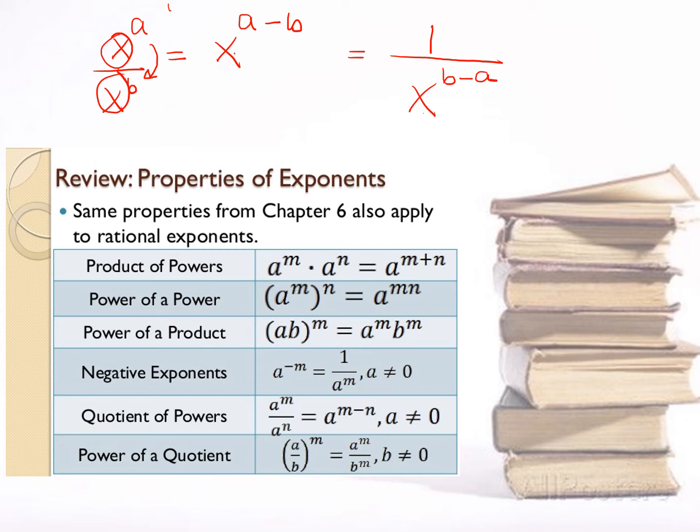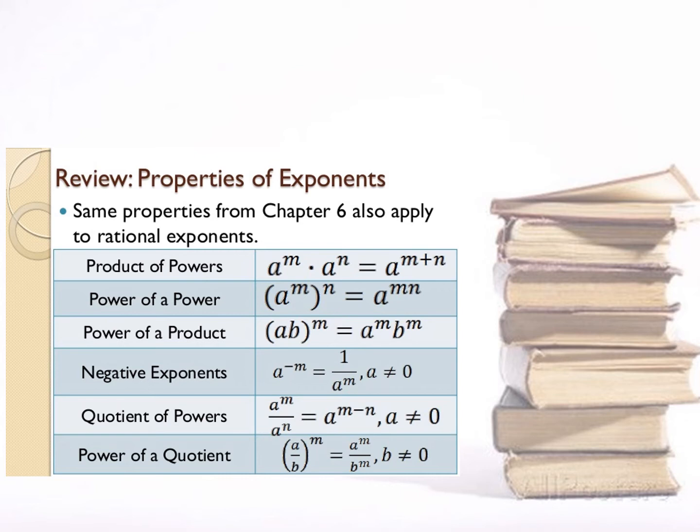Now let's understand this property with the help of one question. If I say x to the power 3 divided by x to the power 2, what do you see? First of all, you saw that both bases are the same. Now where is the bigger power? The bigger power is in the numerator.